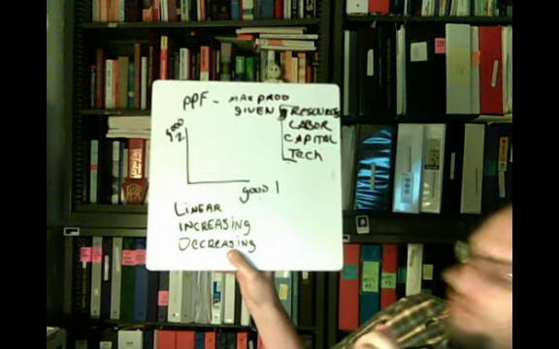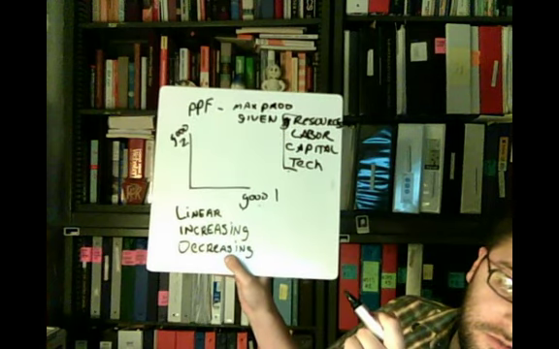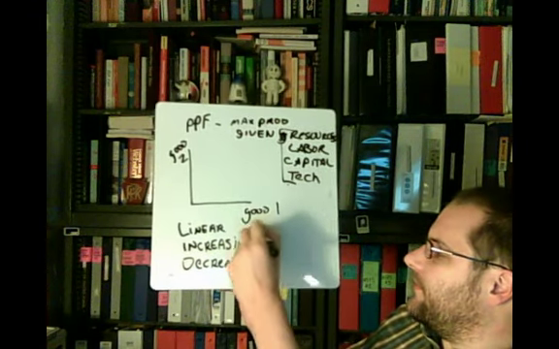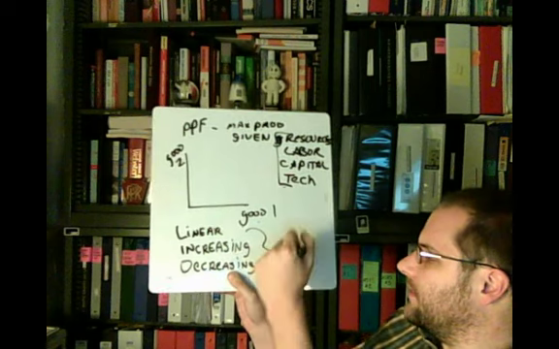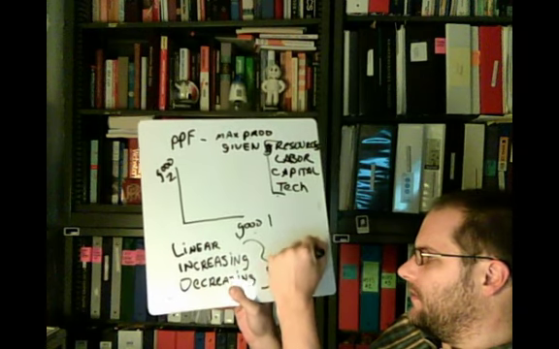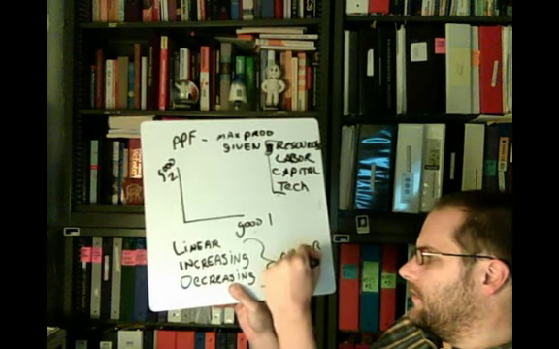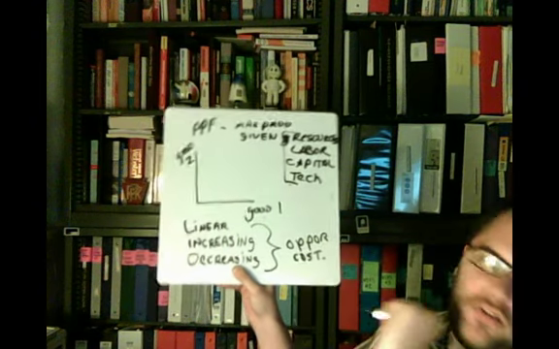It could either be linear, it can be increasing, or it can be decreasing. And these different slopes of the frontier, which has not been drawn yet, all refer to the opportunity cost.